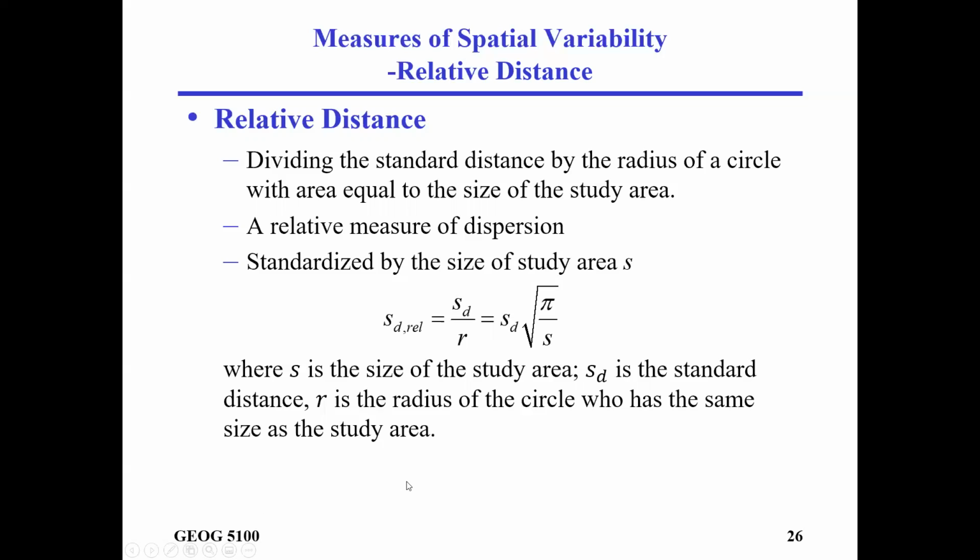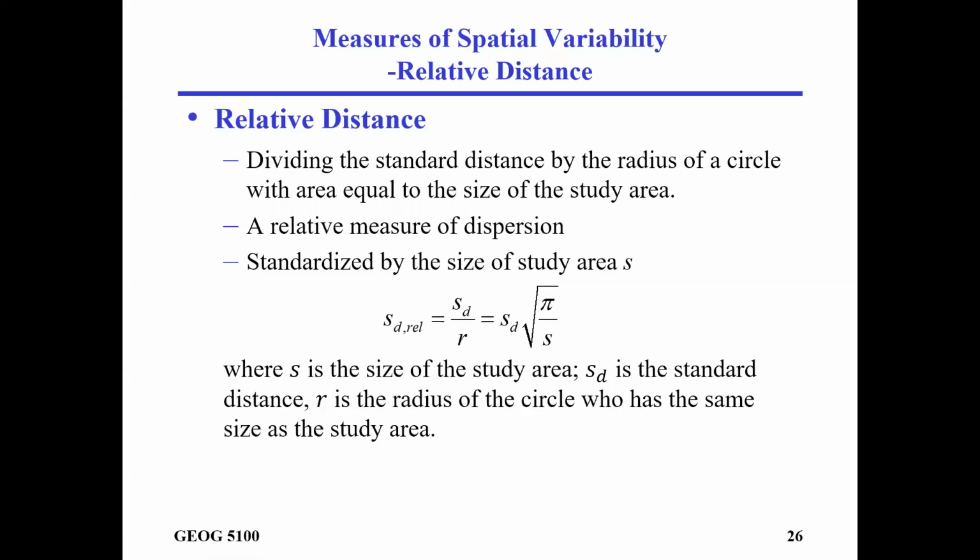Now this class is GOG 4103, right? 5100 used to be the code of this class. Now it is 4000 level, but it used to be 5000 level because there is another class, intermediate spatial data analysis, existing in the department.